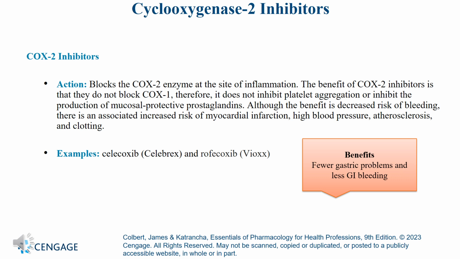Although the benefit is decreased risk of bleeding, there is an associated increased risk of myocardial infarction, high blood pressure, arteriosclerosis, and clotting. Some examples are Celebrex and Vioxx. The benefits are fewer gastric problems and less GI bleeding.